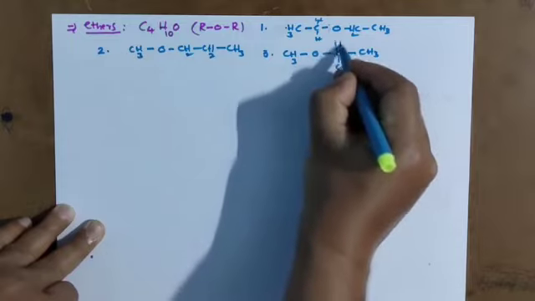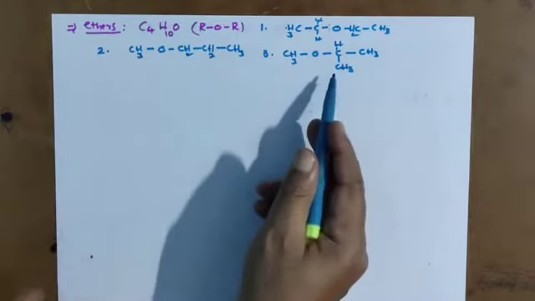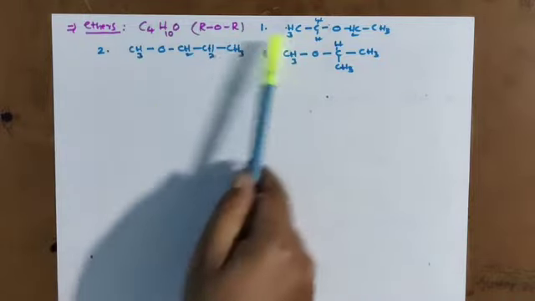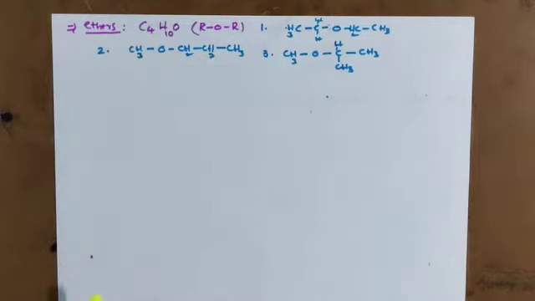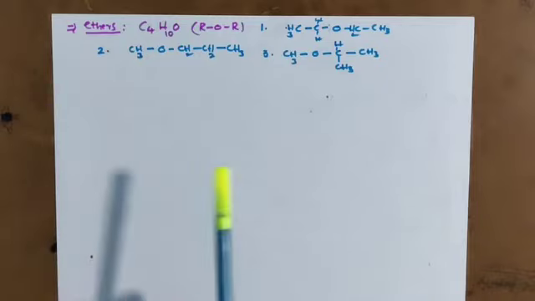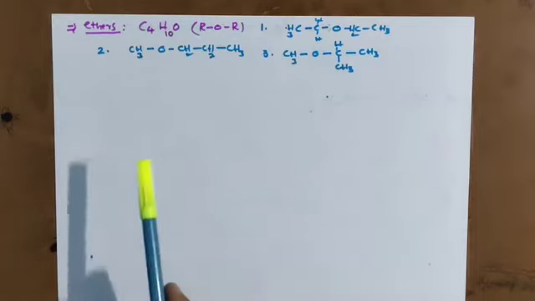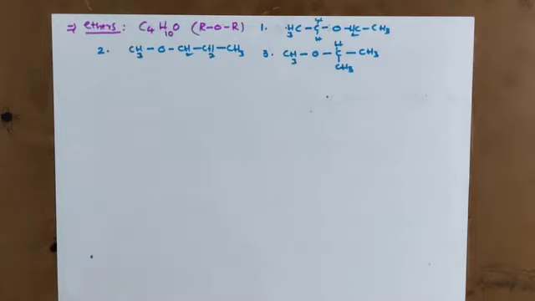So how many ethers did we get? 1, 2, 3. This 3, that 4, total 7 structural isomers, functional group isomers, ethers and alcohols. This is the method to write.